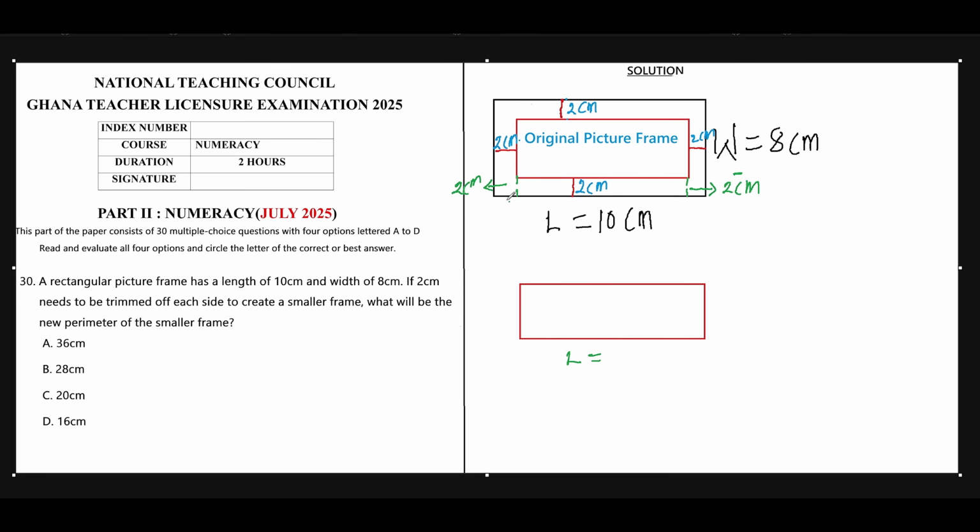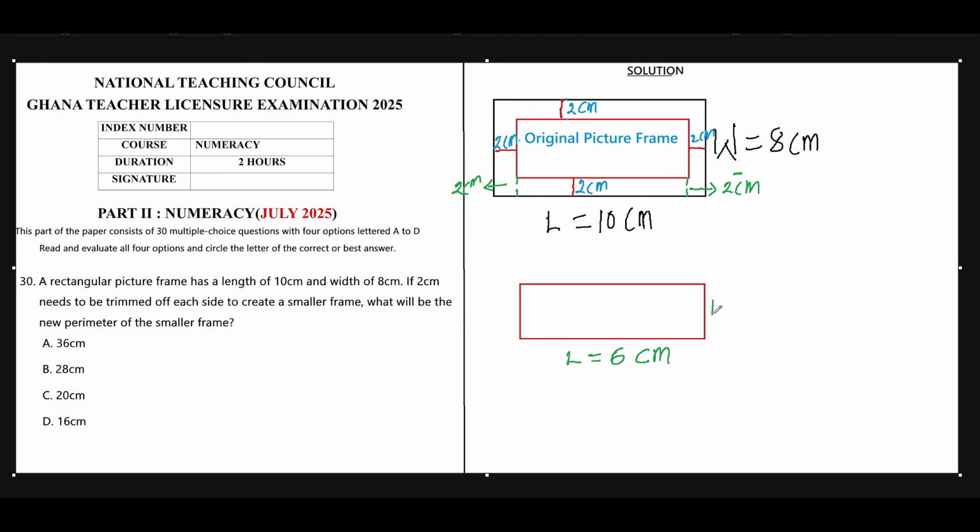This is the trimmed frame. So you could see that 2 centimeters off, 2 centimeters off. So in all, 4 centimeters has been taken away from the original length, which was given as 10 centimeters. So the remaining length will be 6 centimeters. That is for the length.